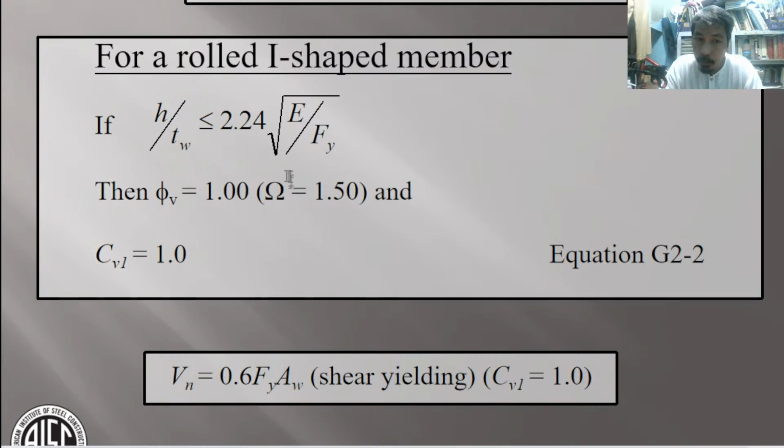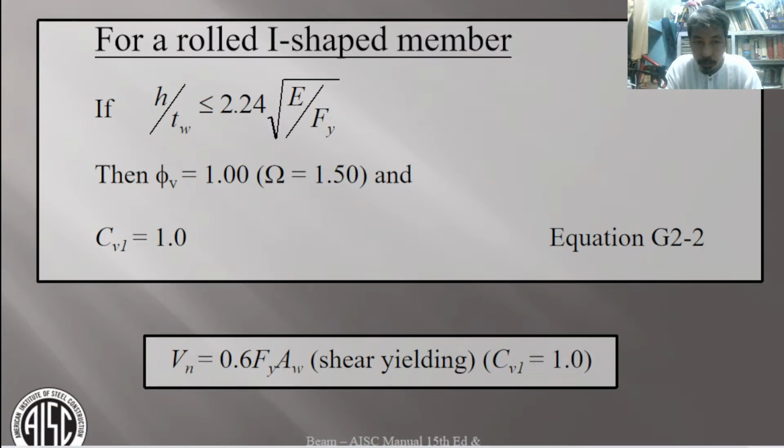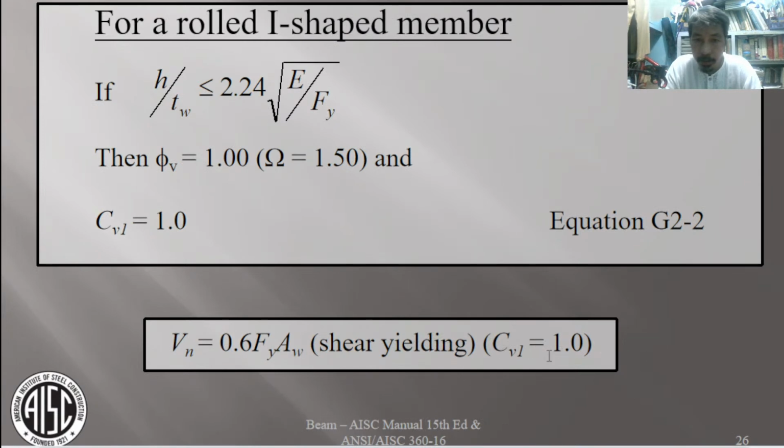Meaning omega is equal to 1.5 and Cv1 is equal to 1. Okay? So this is what will happen because Cv1 is equal to 1.